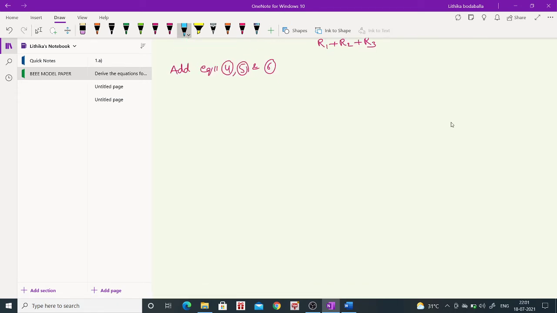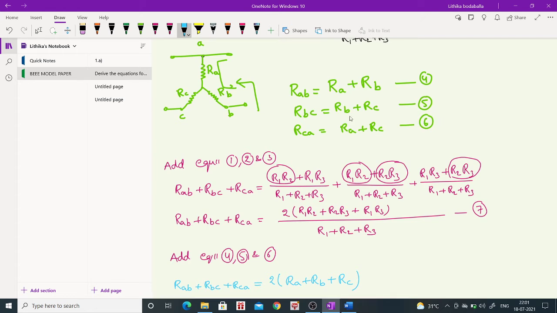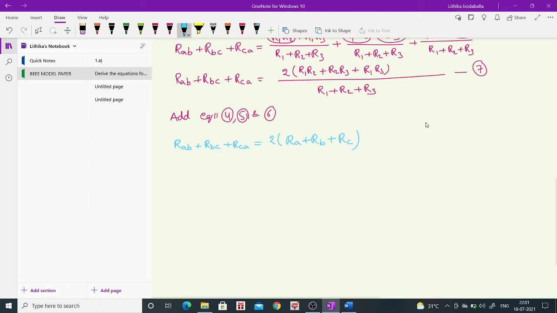So I am adding on the left hand side. If you add, you will get RAB plus RBC plus RCA is equal to 2 times RA plus RB plus RC. RA is twice there, RB is also twice, RC is also twice if you add 4 plus 5 plus 6. Now let it be equation 8.